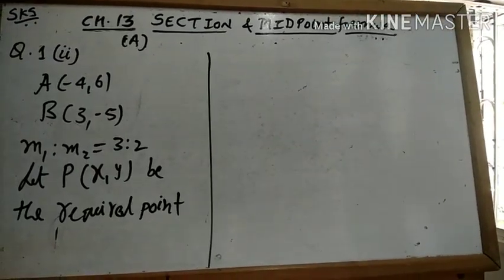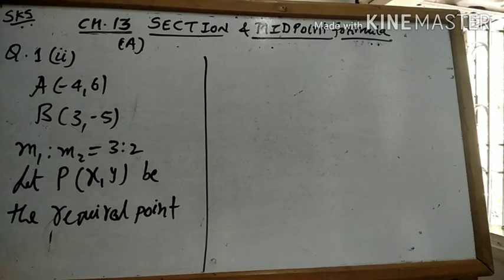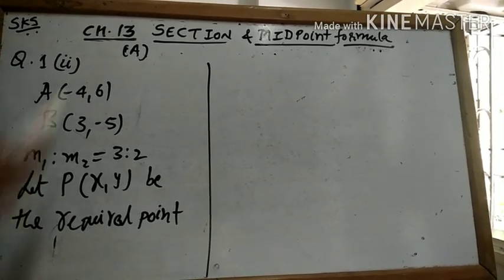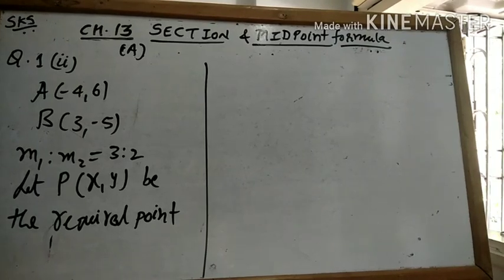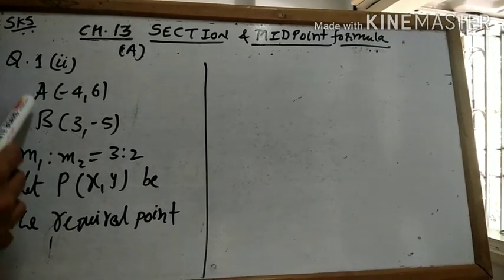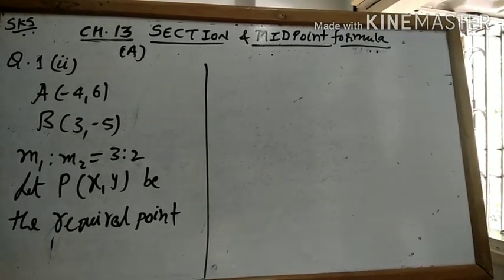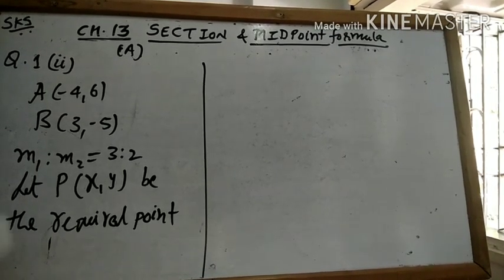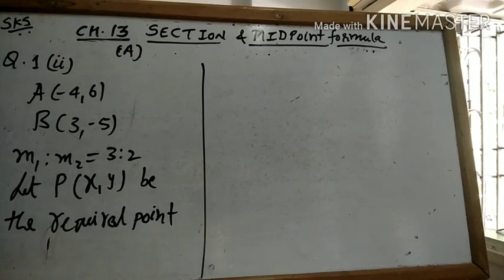We shall understand the section formula using one of the questions. I am taking question 1, sub question 2 from exercise 13A. If you read the question from the textbook, you will see the coordinates of point A are given as -4, 6, and B as 3, -5. The ratio in which the point divides is given to us as 3:2.